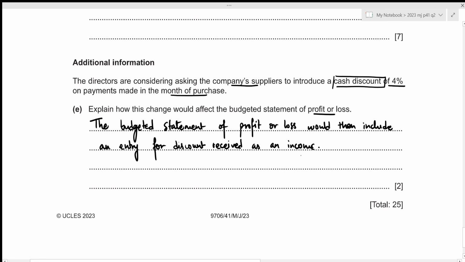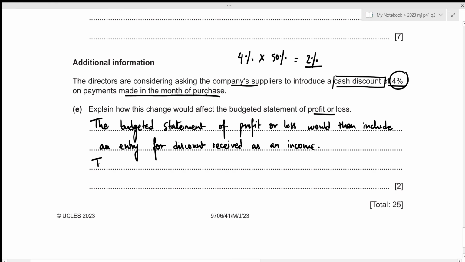And since we're treating this as an income, this will definitely increase our budgeted profit, right? And the budgeted profit will actually only increase by 2%. Because remember that the cash discount is 4% on the payments made in the month of purchase, but we're only paying 50% of the purchases made in that month. So the cash discount we'll be receiving is 4% times 50%, which is basically 2%.